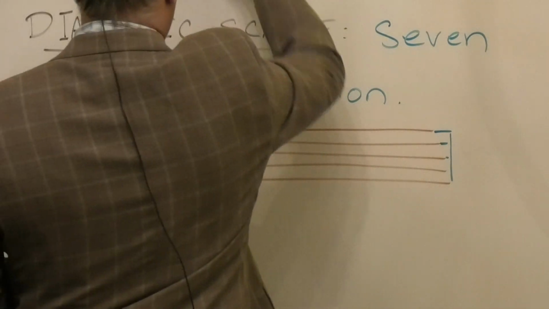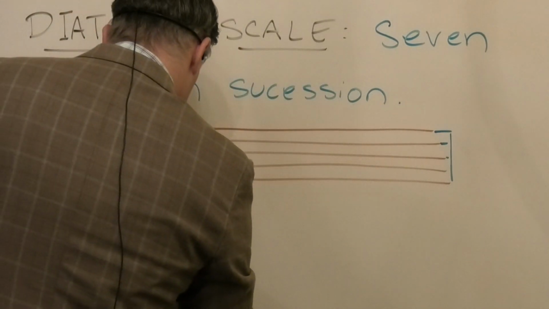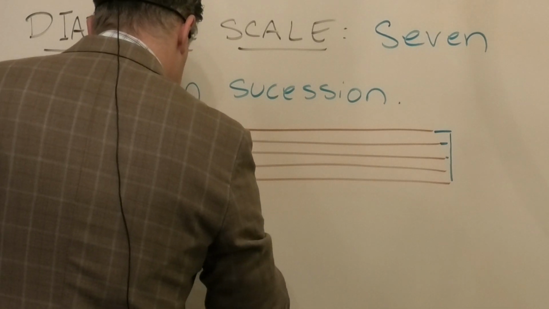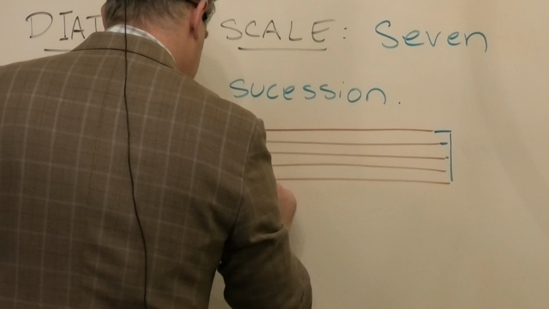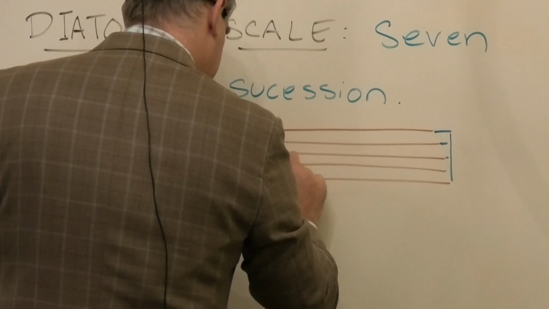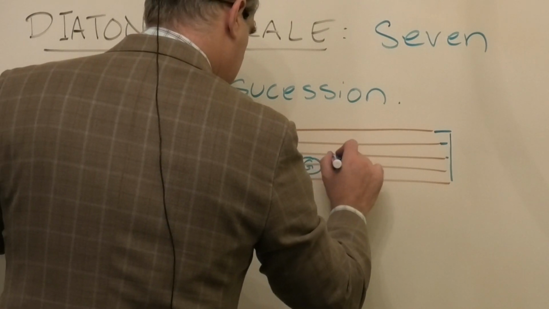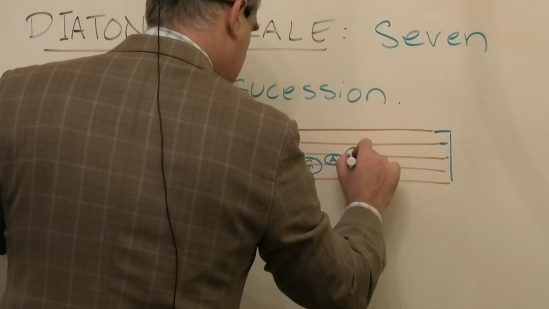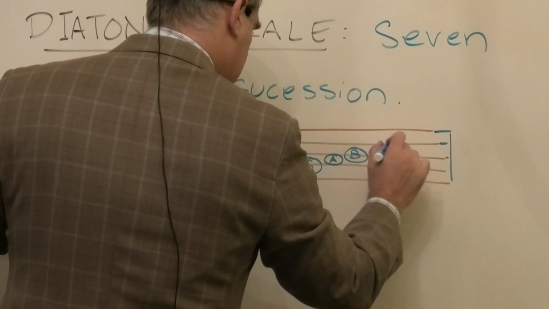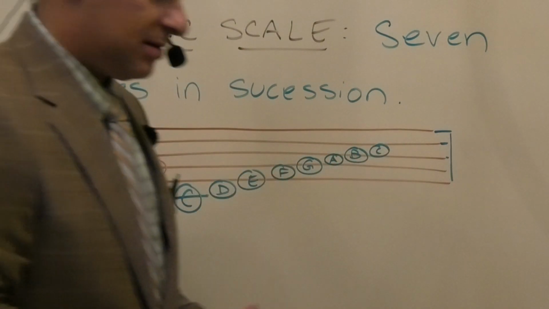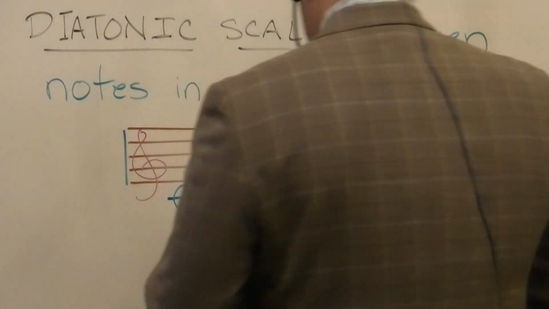And then let's go ahead and put in the notes. C, D, E, F, G, A, B, C. That's our scale. And that's called the C scale.